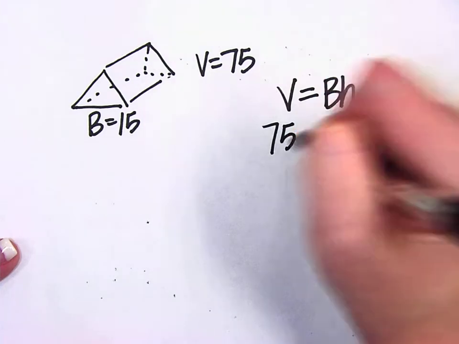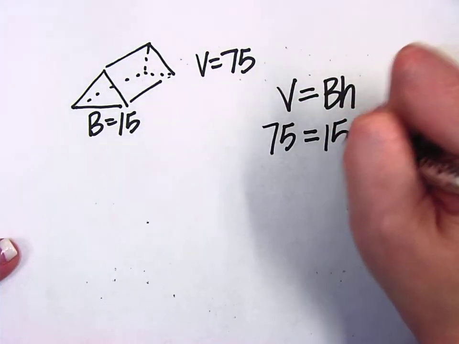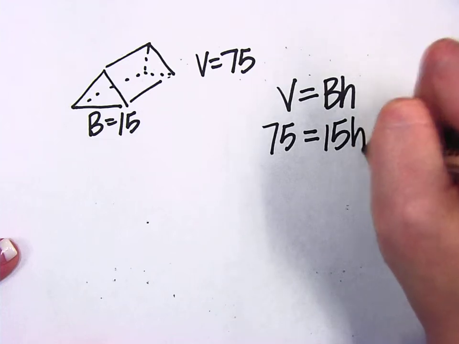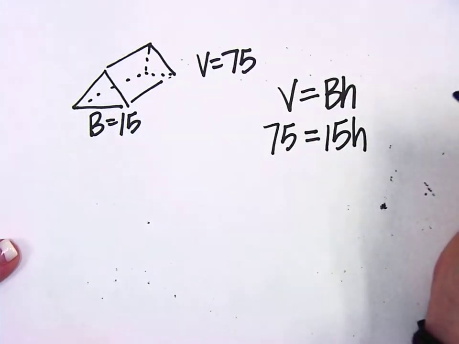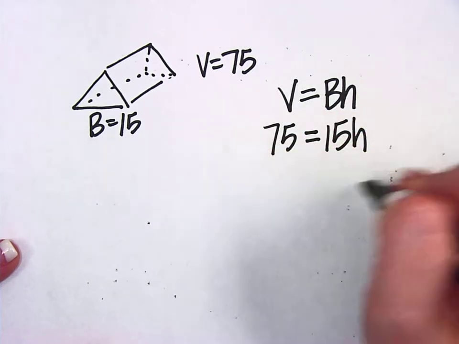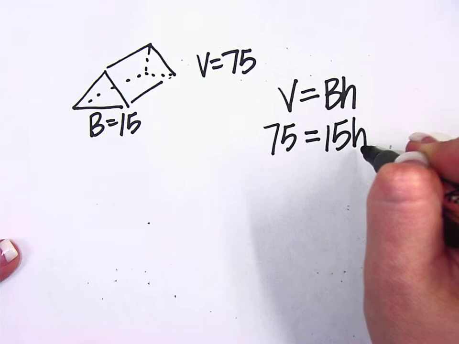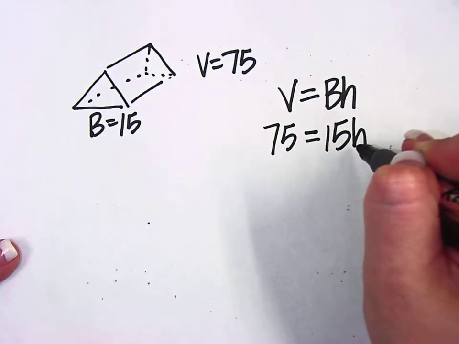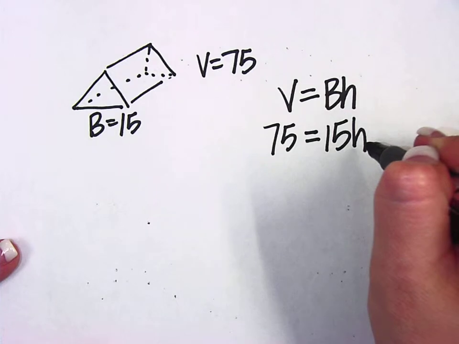Volume is 75. Big B is 15. And we're trying to solve for H because that's what we're missing. Whenever you see a problem like this, you need to treat H, or whatever you're looking for, as your X, because this is the unknown. This is what we're solving for.